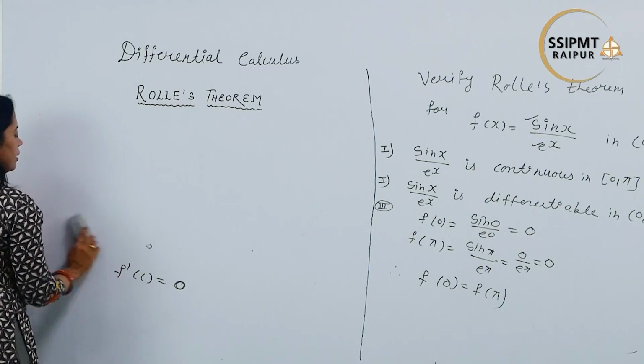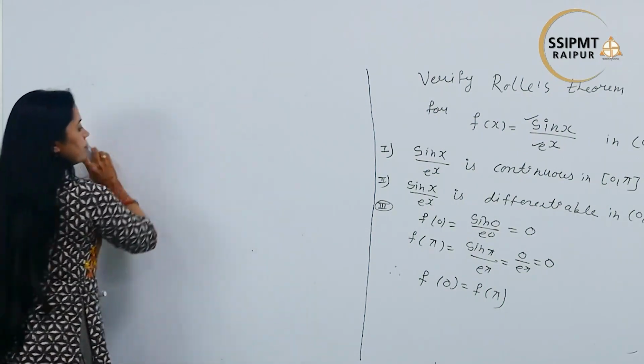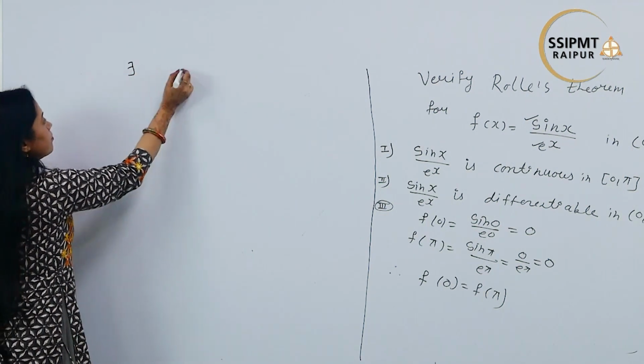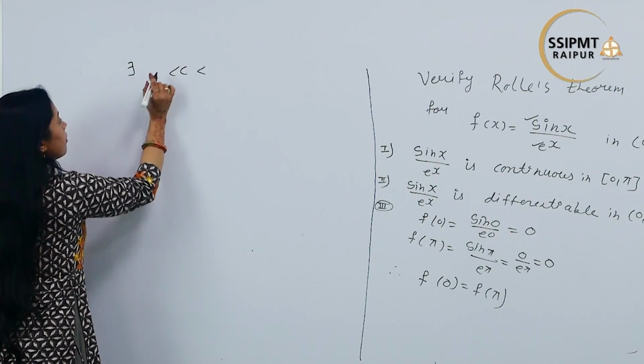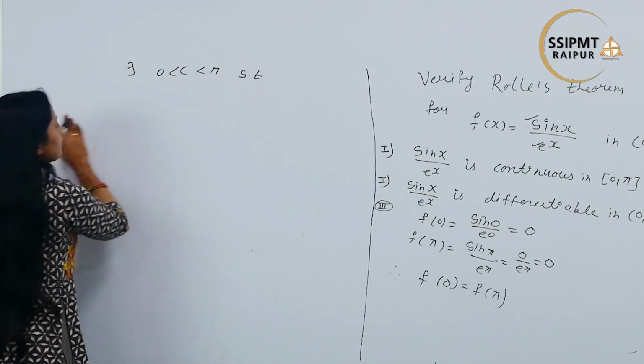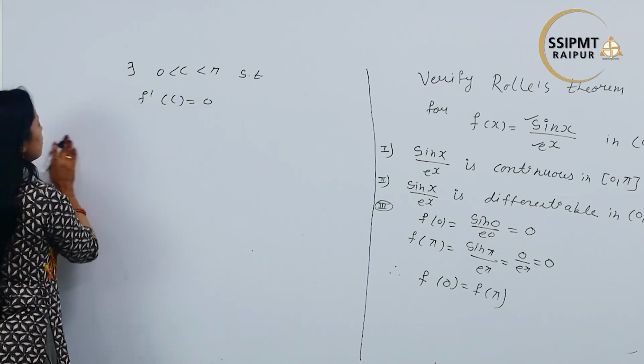So, there must be a c between a and b. There must be a c which is between 0 and pi such that f'(c) is equal to 0.